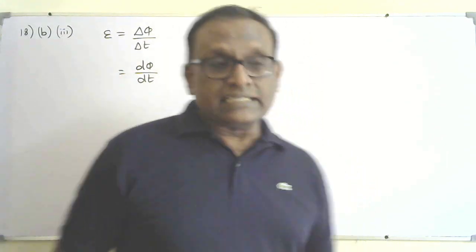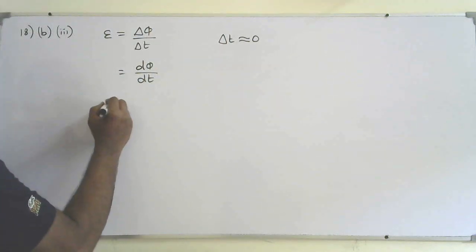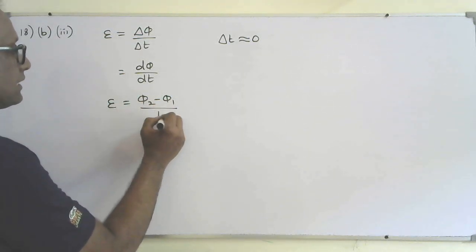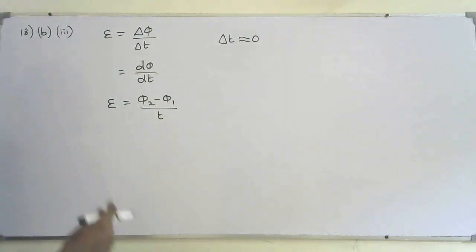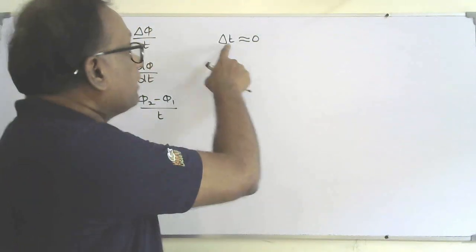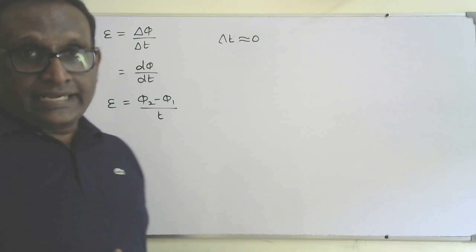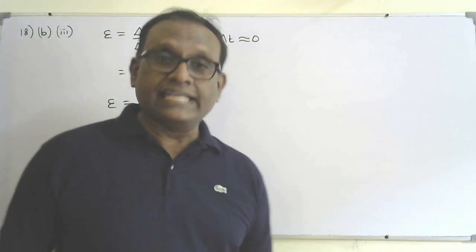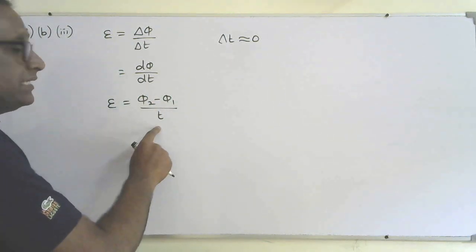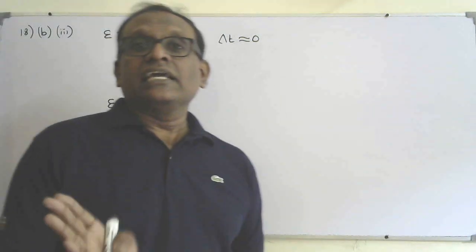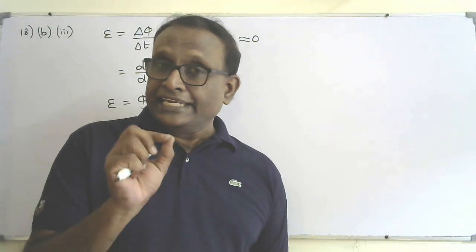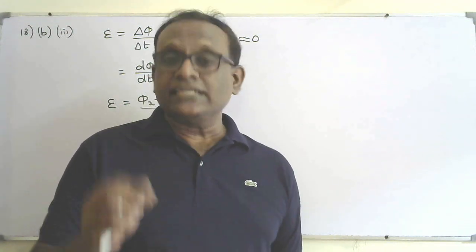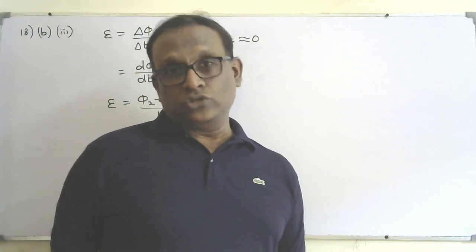But when we consider induced EMF equal to phi 2 minus phi 1 over time taken, if the t is reasonably larger, you will get the average induced EMF. Change in flux over time taken gives the average induced voltage. It won't be the induced voltage at an instant.